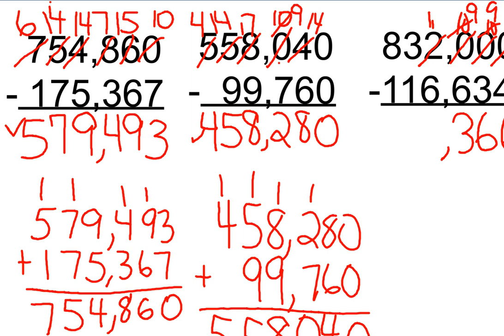Now I'm in the thousands place and I cannot take 6 from 1, so I go to the 3, make it a 2, and add 10 to 1, and I get 11. 11 take away 6 is 5. 2 take away 1 is 1. 8 take away 1 is 7. So the difference is 715,366.